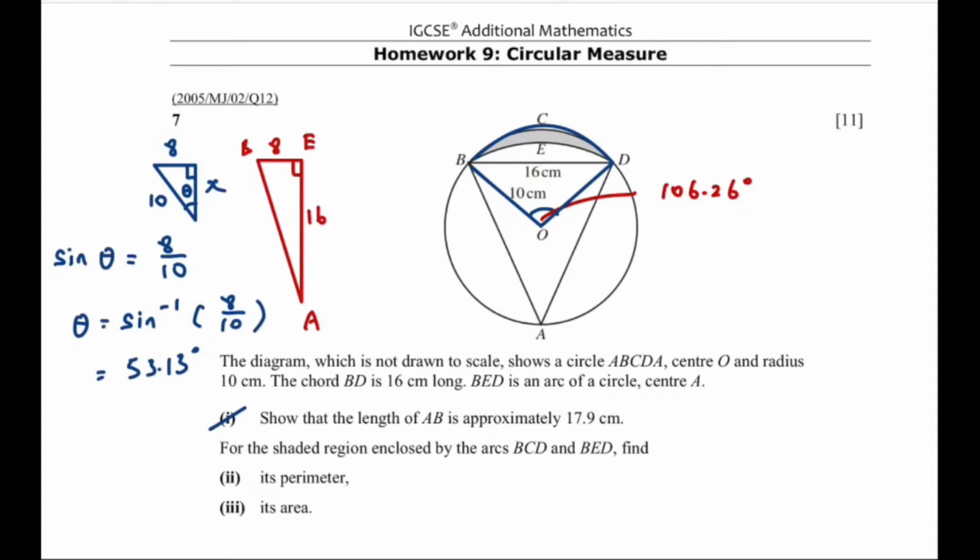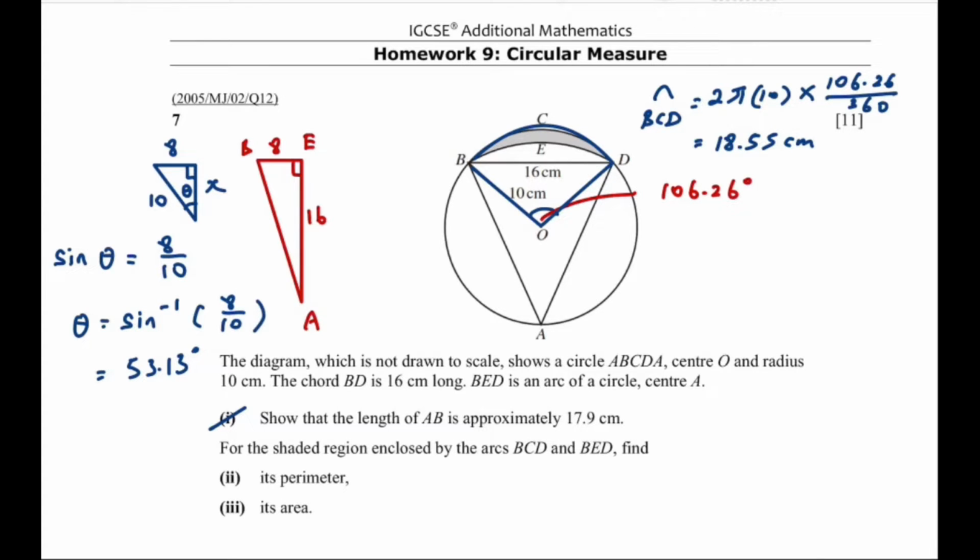I use the arc length formula: arc BCD equals 2 pi r times 106.26 over 360 degrees. This is our arc length formula with the angle input in degrees. So I have 18.55 for arc BCD.